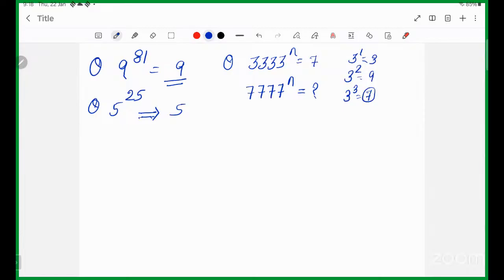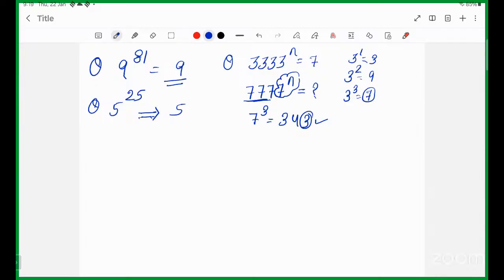Means unit digit is 7. So here value of n will be 3. So 7 raised to power 3 is 343. Here unit digit will be 3. I don't have any concern with the other digits. I will just take the last digit and take the power of it, because I am finding the unit digit here.